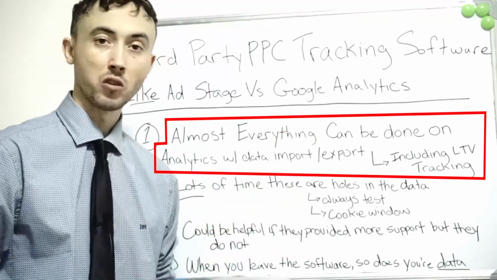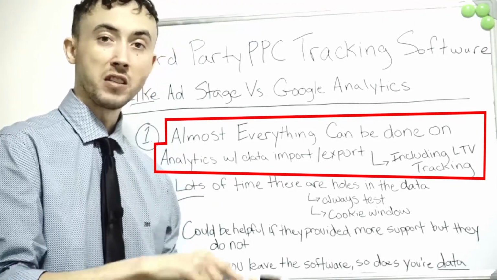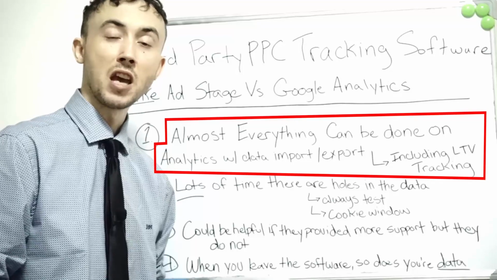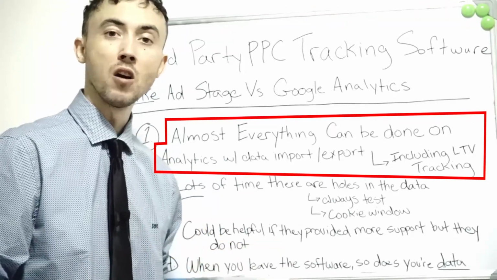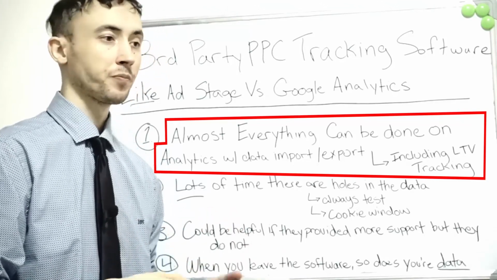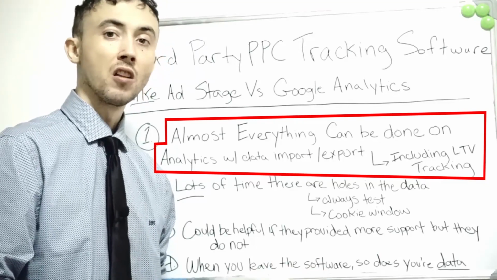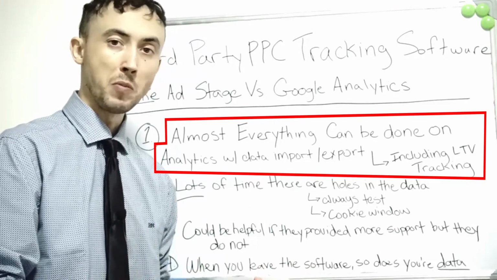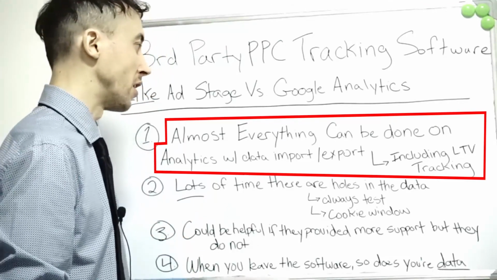So whether it's setting up custom reporting, so you can have a customized view of all your KPIs, or key performance indicators, that are important to you in one place, saved, so you can go directly to them. You can compare different PPC channels alongside each other, compare PPC to organic, PPC to referral traffic, whatever you want to do there.